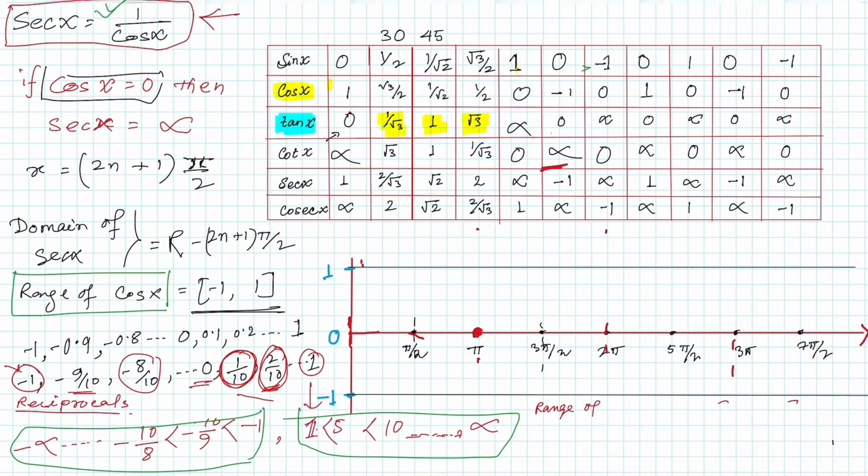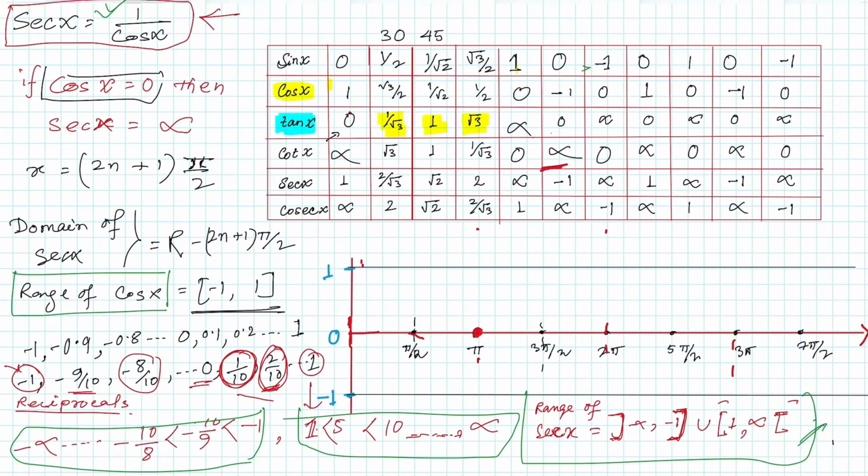Range of sec x is equal to -infinity to -1, here -1 is closed and open at -infinity, union, then again closed interval from 1 to +infinity, open at infinity. So this is the range of sec x.